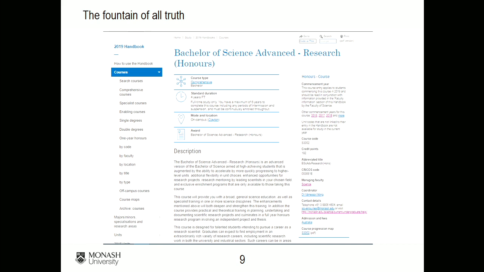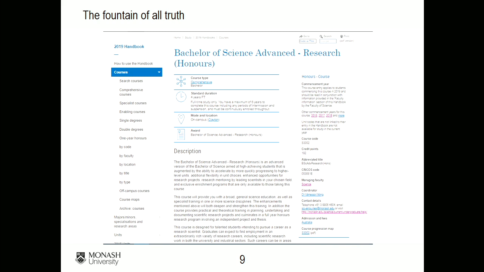It sets out the requirements for your course. It sets out the terminology and all of the units offered in terms of how you put together your units for your major sequence. So you need to make sure that you tick off all of the course requirements so that you can graduate at the end of the course, and so that you can also enter into honours to complete your course as well. So again, make sure you have a look at those course requirements.